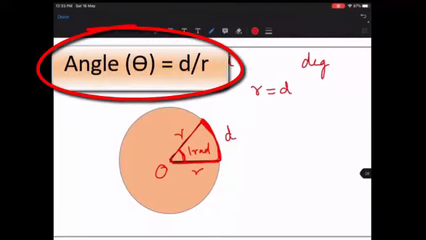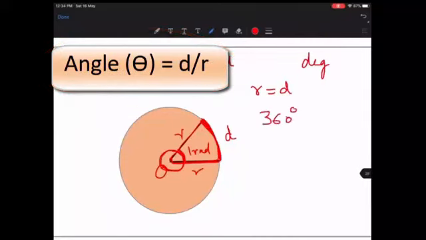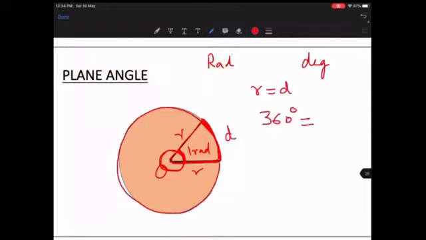The total angle subtended at the center will be 360 degrees, and this will be equal to the total circumference of the circle, which is 2 pi r. So I can write 360 degrees equal to 2 pi r.